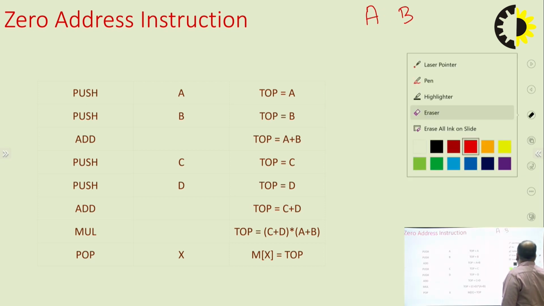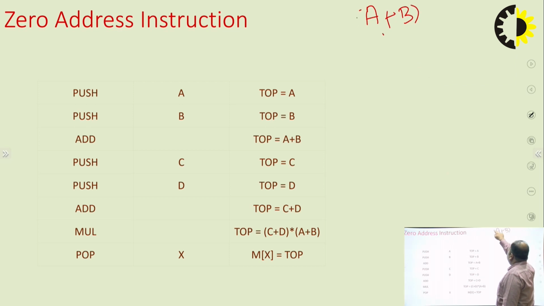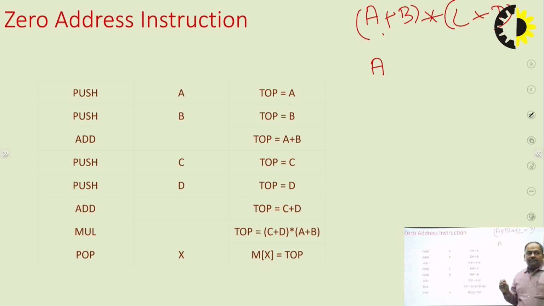First we have to push our first part of the instruction, the first data of our instruction, which is A. So at the top of the stack there will be A. And in a stack we do two types of operations. One is push for insertion and another is pop for deletion. When we want to delete, we use pop. So first we have to push A.